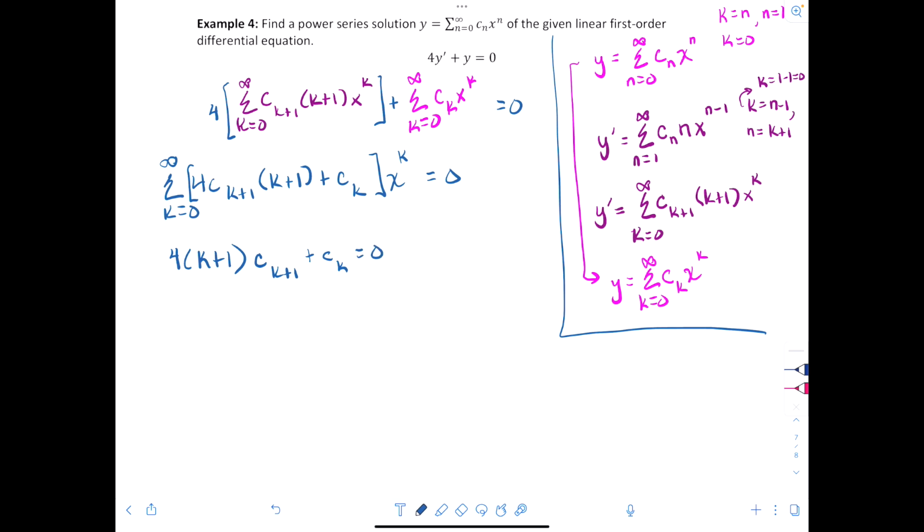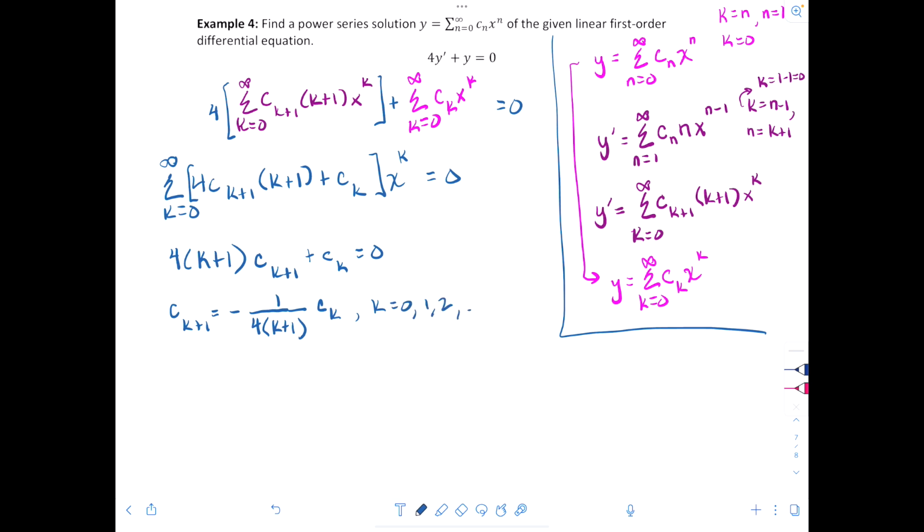Well, that means if I isolate c sub k plus 1, I will have negative 1 over 4 times k plus 1, and then times c sub k. So it's recursive, right? Now what we do is we start finding some terms, because remember k started at 0.